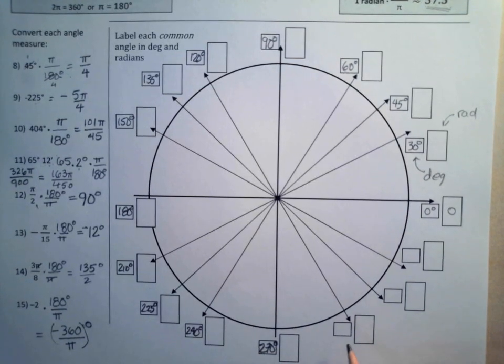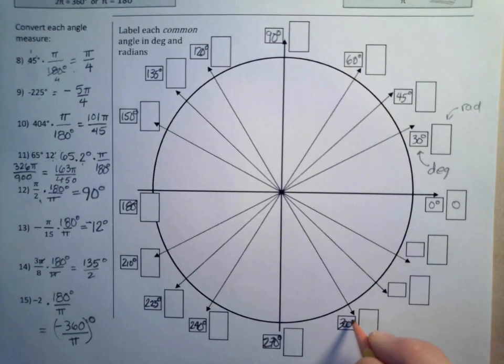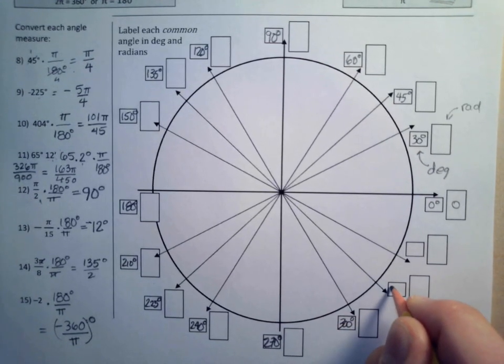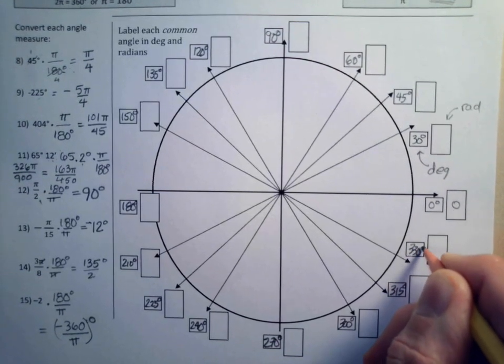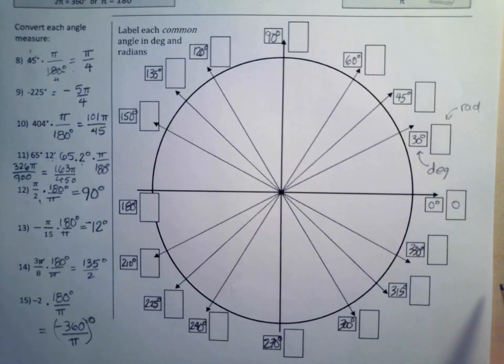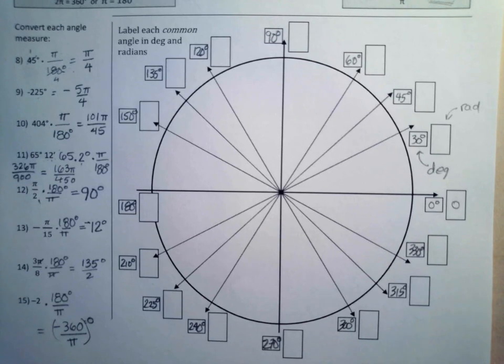All these should be sort of common to you. You should know what these are. This one is 300 degrees, this one is 315, this one is 330 degrees. All right, now we know all those from last chapter, or we should be comfortable with those.